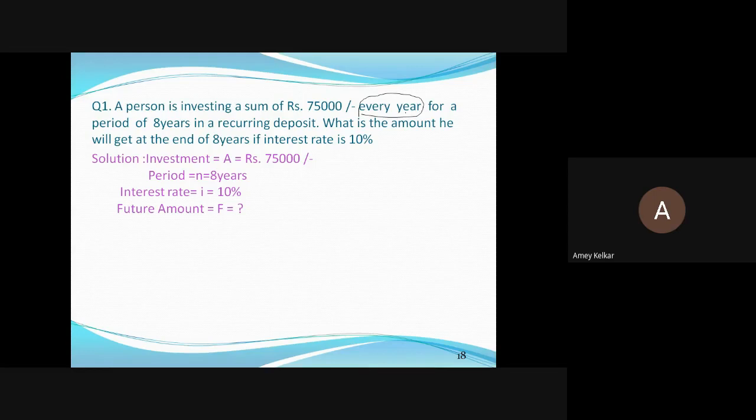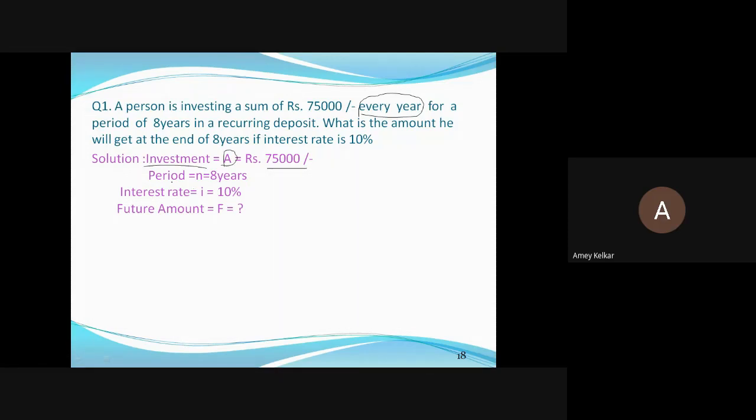So now if you go to the solution part, the investment is in the form of annuity. Be careful, because here it is mentioned every year, and that investment is 75,000.